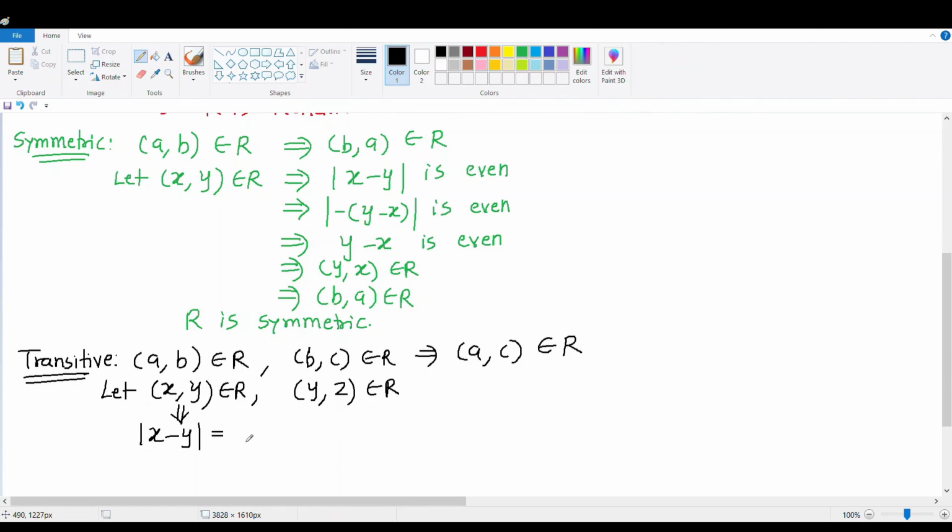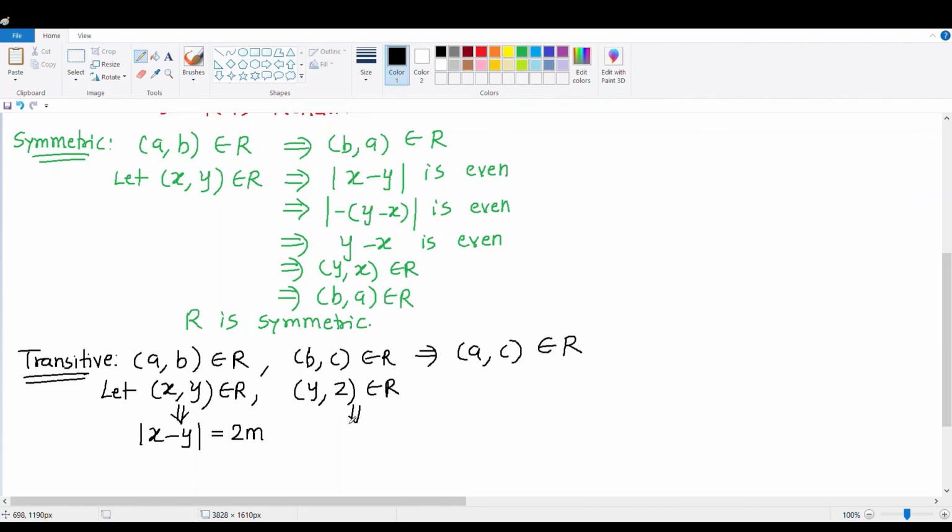And if it is even, I can write it as 2 times m, some constant m, since |x minus y| is even, where m can be any number.